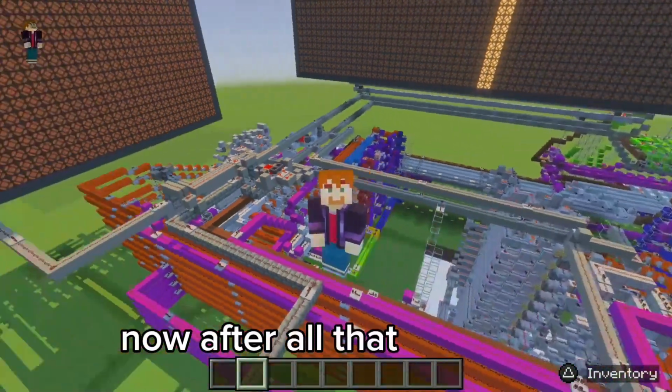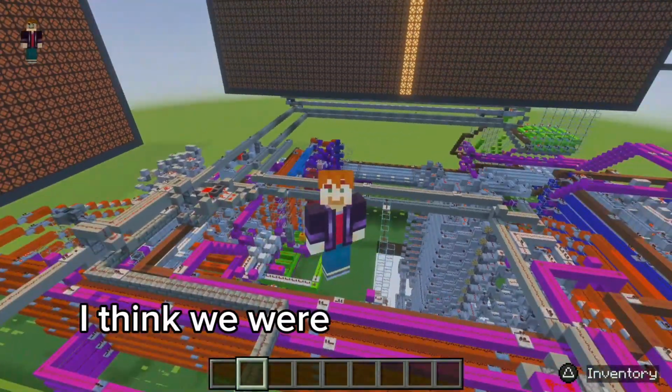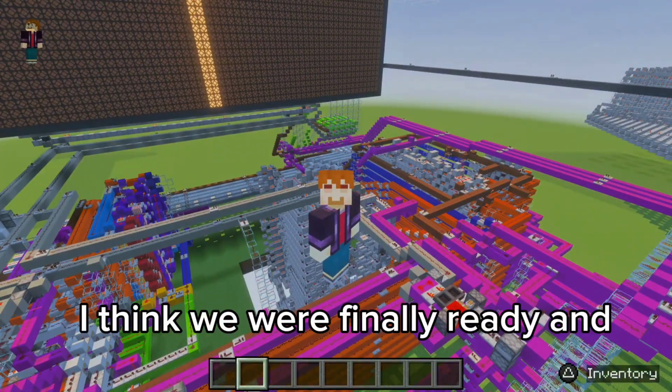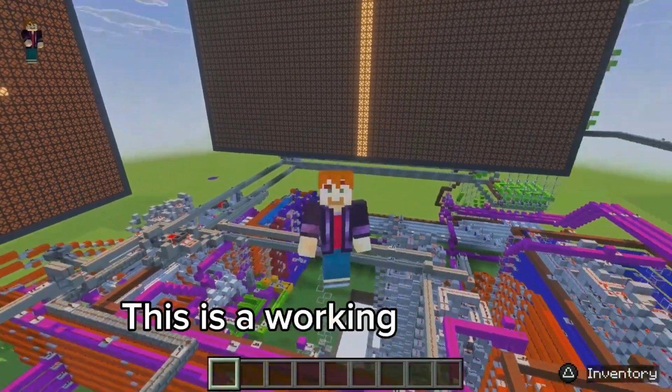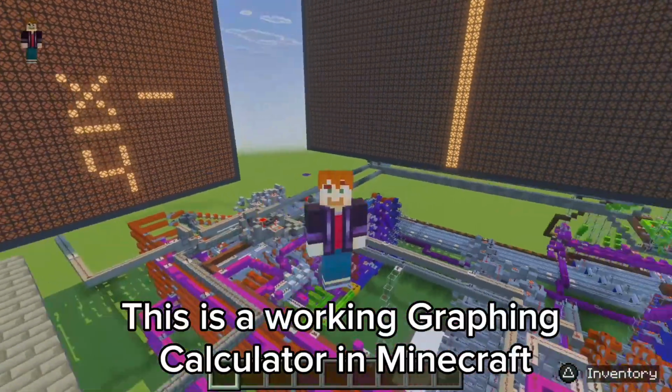Now after all that bug fixing, I think we were finally ready and able to say, this is a working graphing calculator in Minecraft.